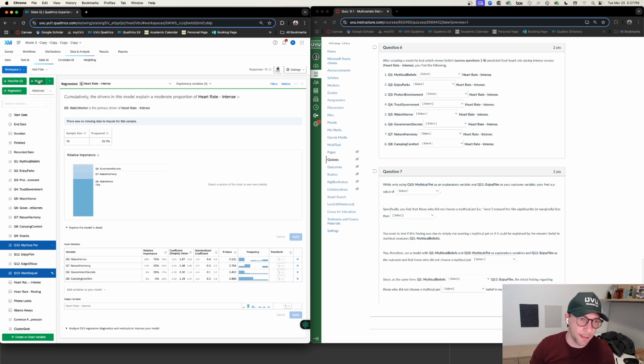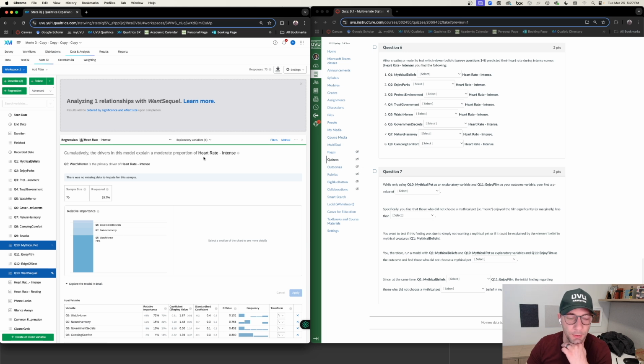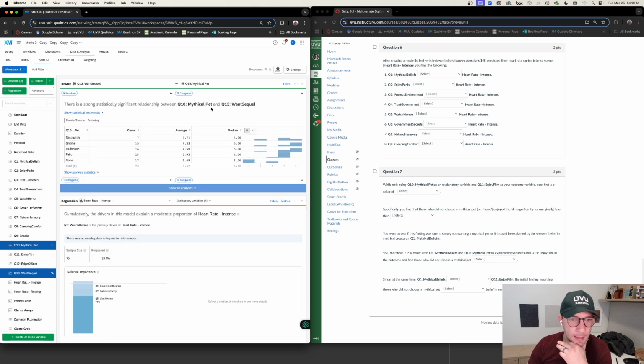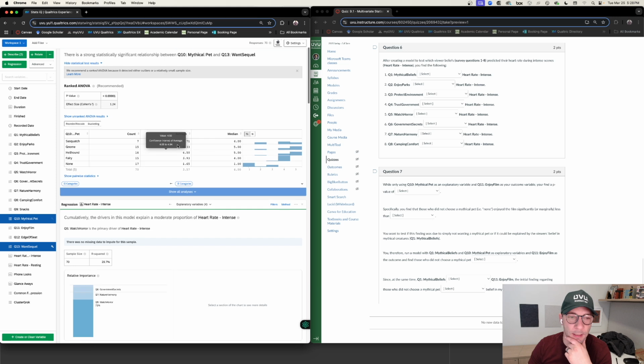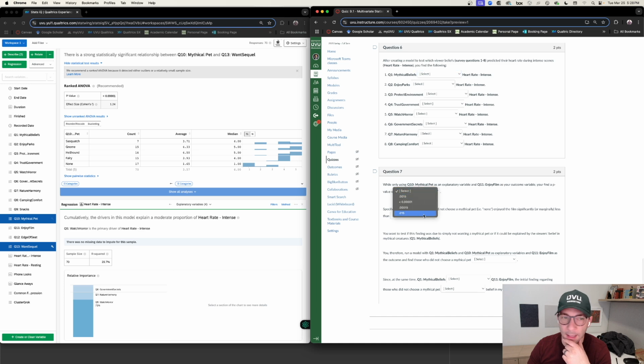We only have one predictor, so we're gonna click relate this time. From what we did last time in class, it's gonna run an ANOVA for us. I'm seeing here that there is a significant relationship. Here's my p-value, my initial p-value. So I would put that here.